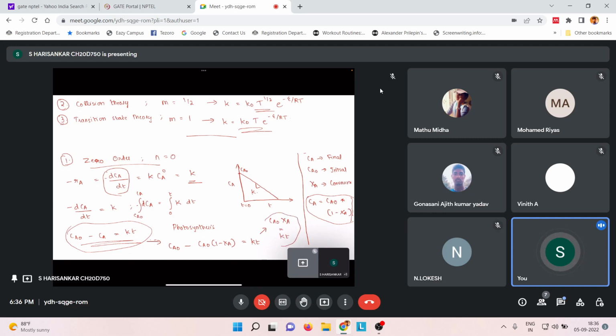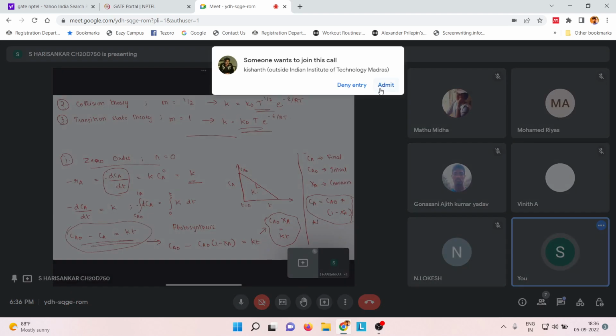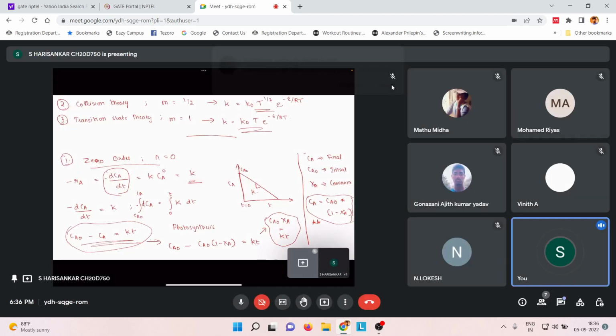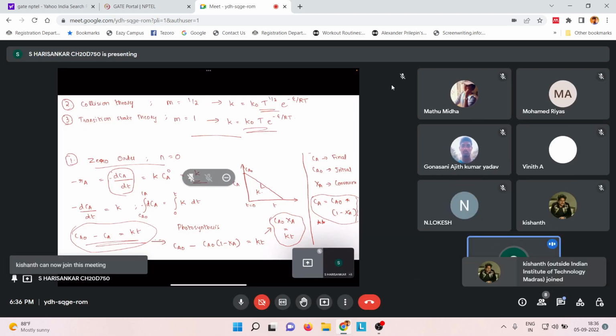So this is also another form of our zero order reaction rate equation. This equation is pretty important, so it's better you remember this correlation between the final concentration and the initial concentration.